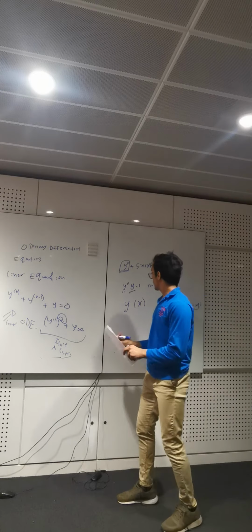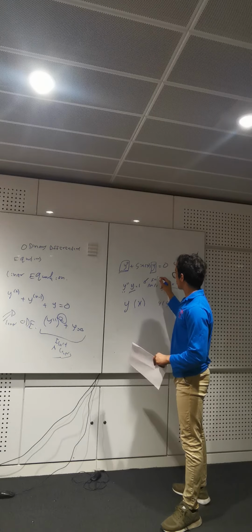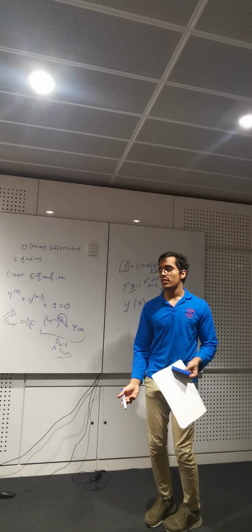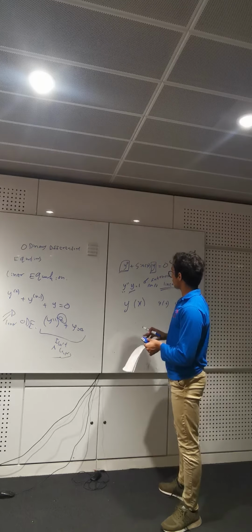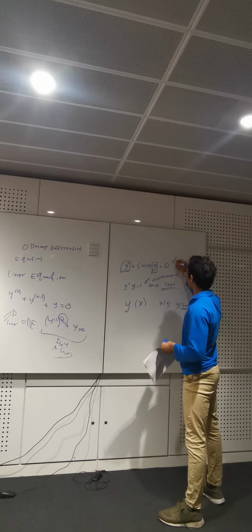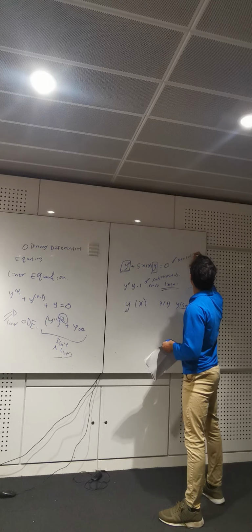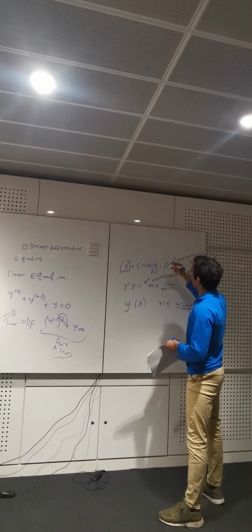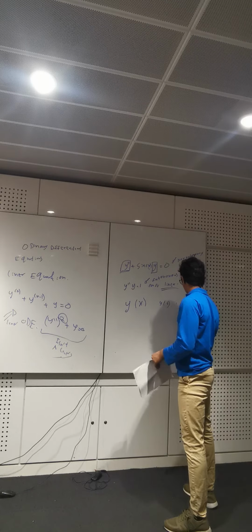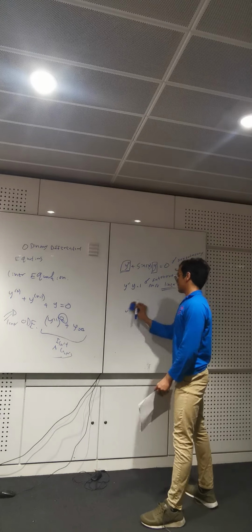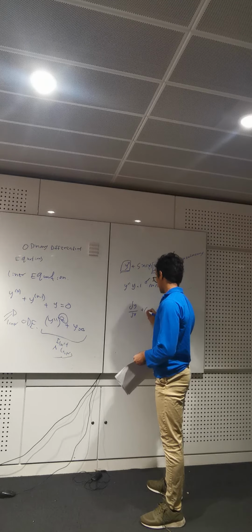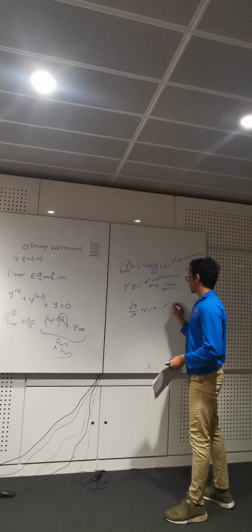For example, this one is autonomous because we cannot see whether it's x or t, so it does not appear. And this one is non-autonomous because x does appear. Now, if we have an equation like dy divided by dx plus 6 equal to 0, this is also autonomous.